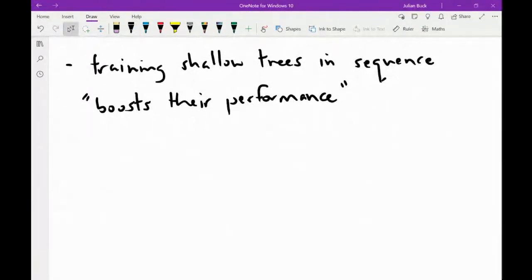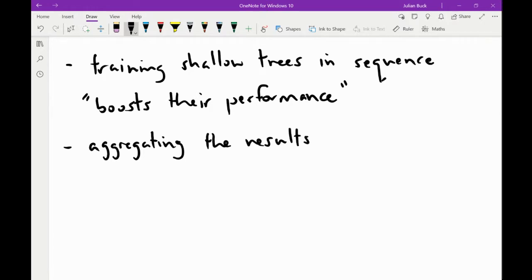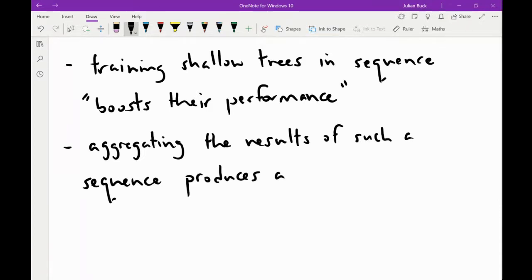So by doing that and then aggregating together the results of such a sequence, it produces an ensemble model that produces good predictions.